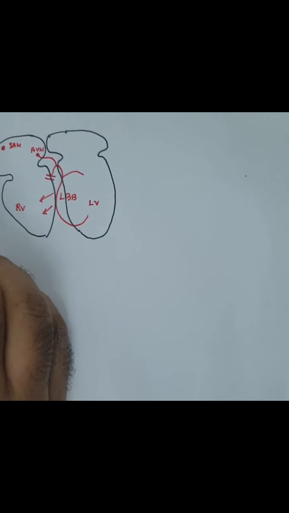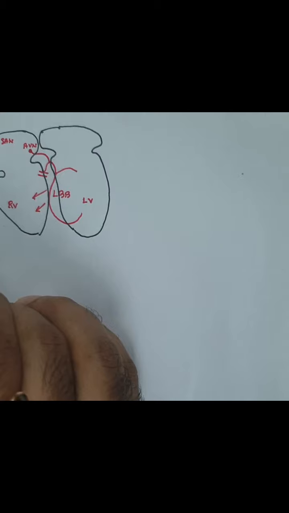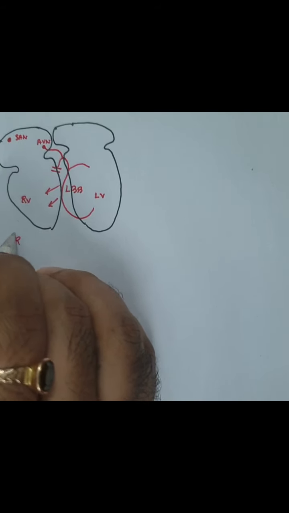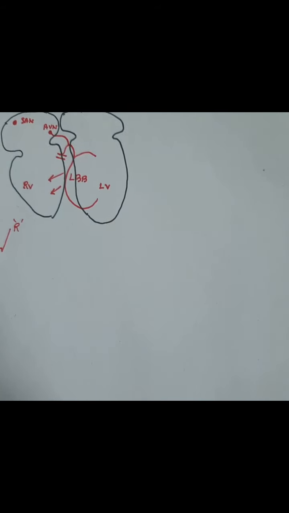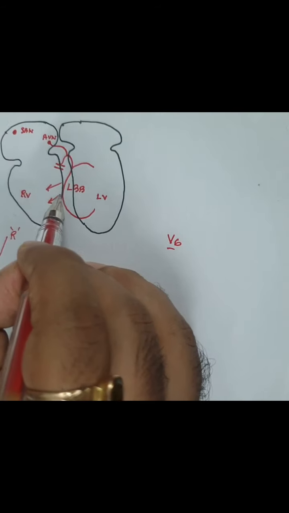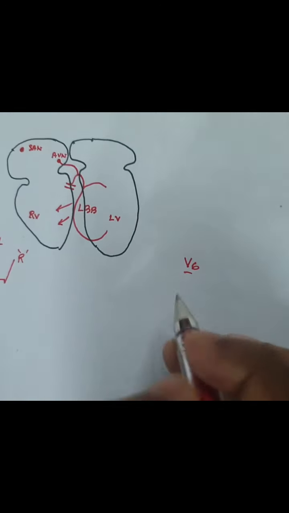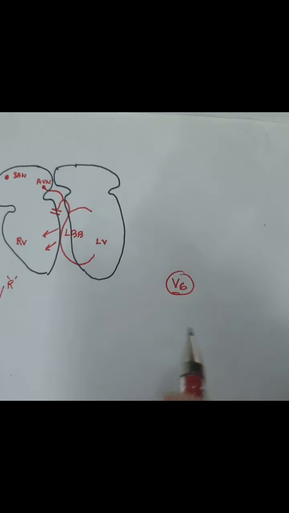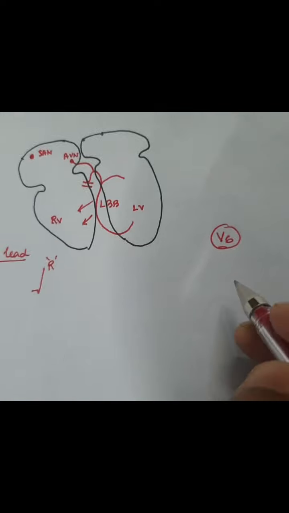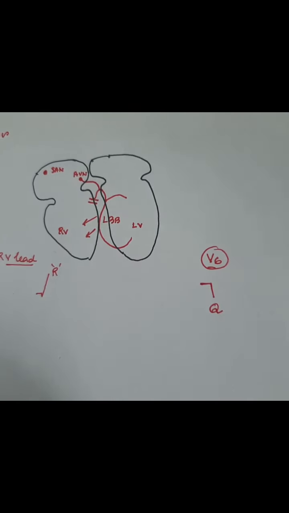That means V1 will show a positive deflection. So there is an R wave generated in V1. But in case of V6, the excitation goes away from the left ventricle to the right ventricle. So V6 will show a negative deflection. So there will be a Q wave.